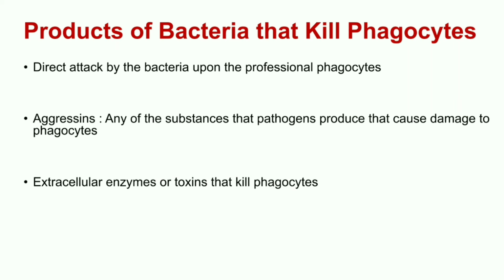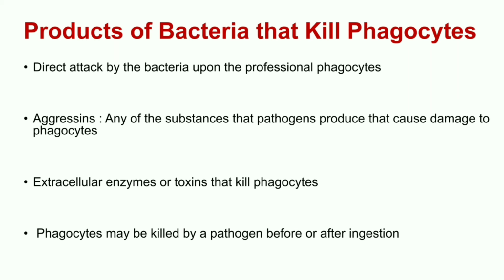Extracellular enzymes or toxins which kill the phagocytes are examples of such aggressins. Phagocytes may be killed by the pathogen before ingestion, or they can also be killed by the pathogen after being ingested inside the cell.